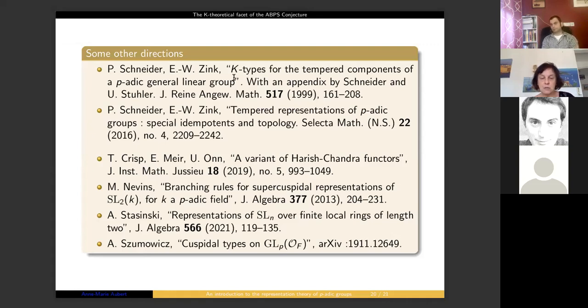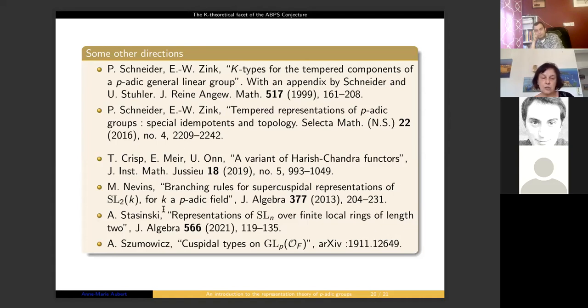And so it's quite interesting in the sense that they constructed types, but a different notion of types, which is attached to a tempered component of the category. And more recently, Schneider and Zink also have studied in a general situation the tempered representation for p-adic groups. And clearly there are many things which should be interesting to look at. So this is a direction.